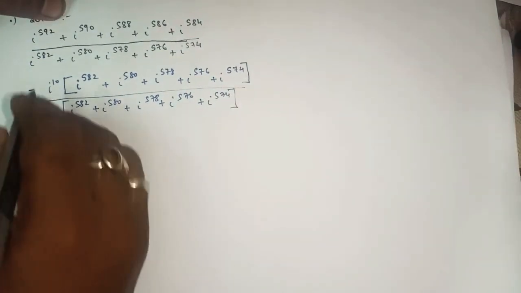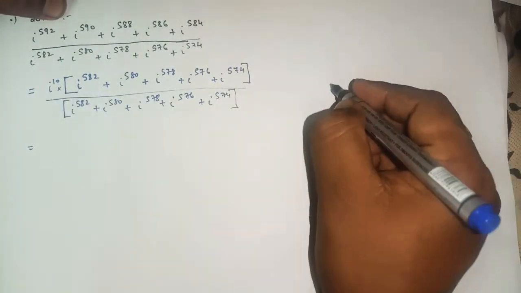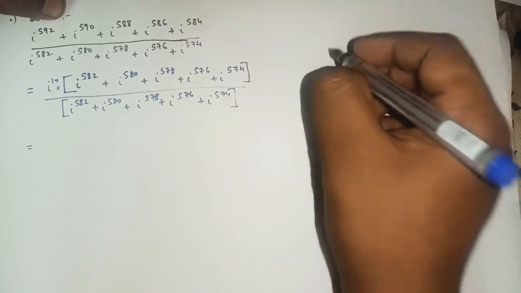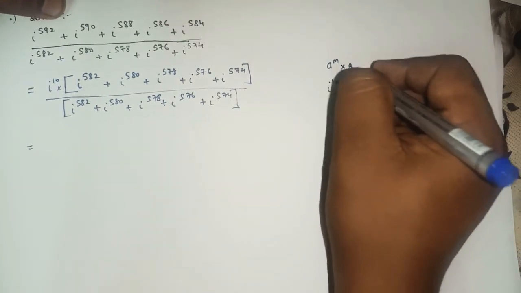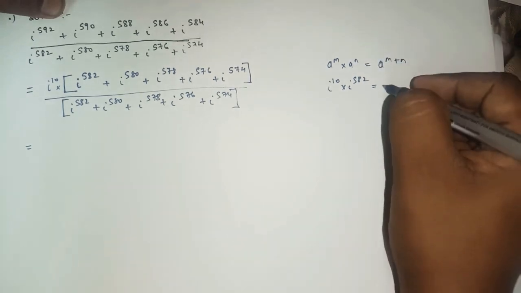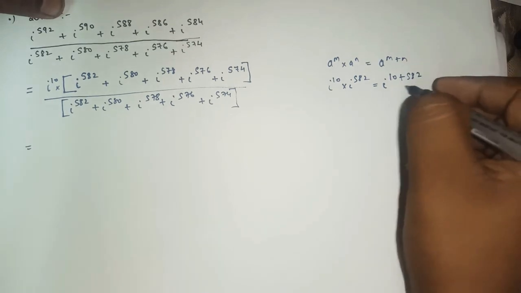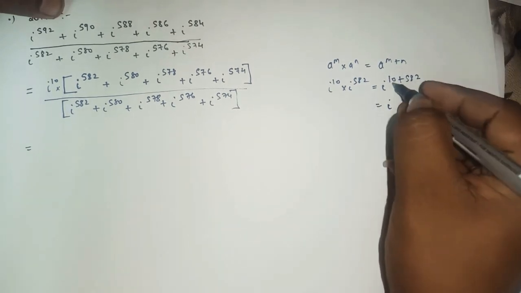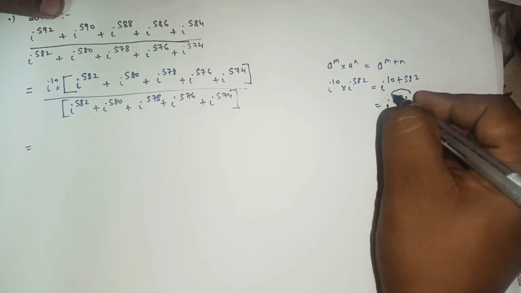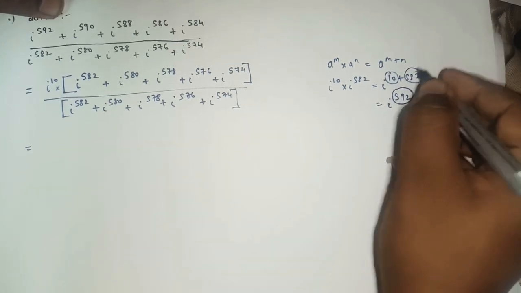We can check whether the answer is right or wrong. When you open the bracket with i raised to 10 into i raised to 582, using the formula a raised to m into a raised to n, which is a raised to m plus n, this can be written as i raised to 10 plus 582, which will be 592. Yes, this 592 we can break as 10 and 582.